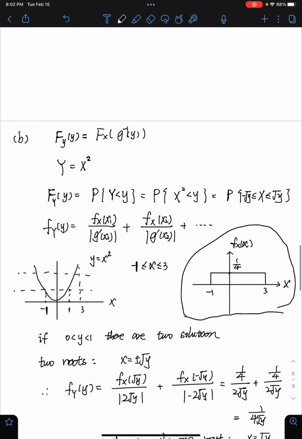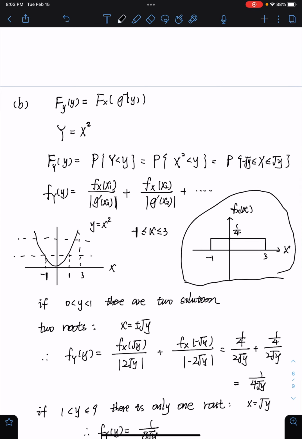Since Y equals X squared, we can apply small f_Y, which is f_X at x equals x1, divided by the derivative of g(x) at x equals x1, where x1, x2 are the roots of y equals x squared.